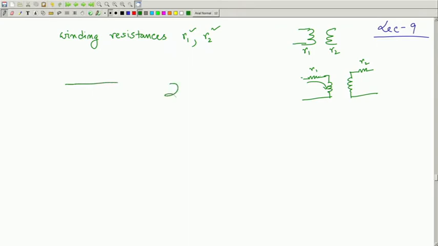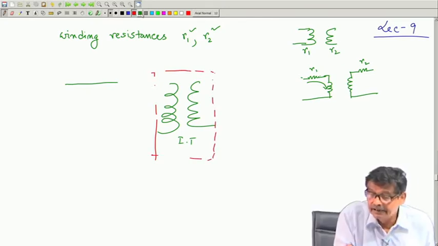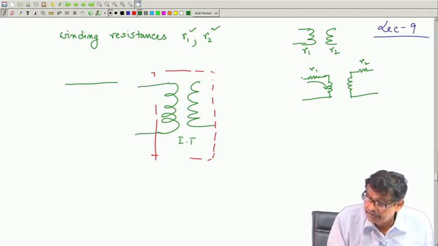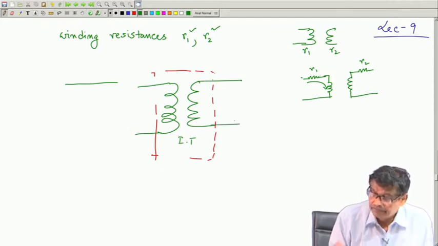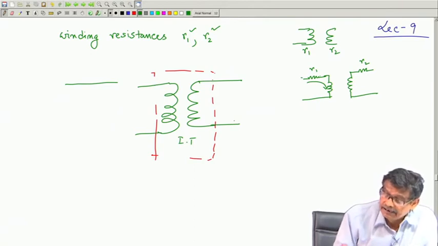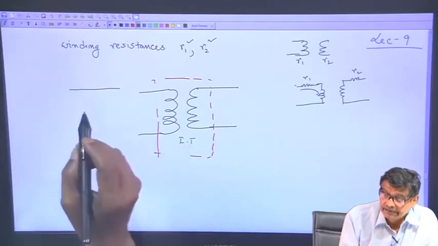Here I will draw the ideal transformer, and I will put a dotted box around it in order to indicate that, and then these are the terminals of the ideal transformer. And then I am telling, to this ideal transformer, this winding is not purely this thing.